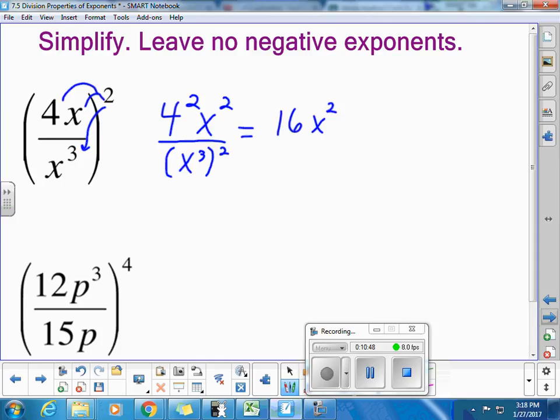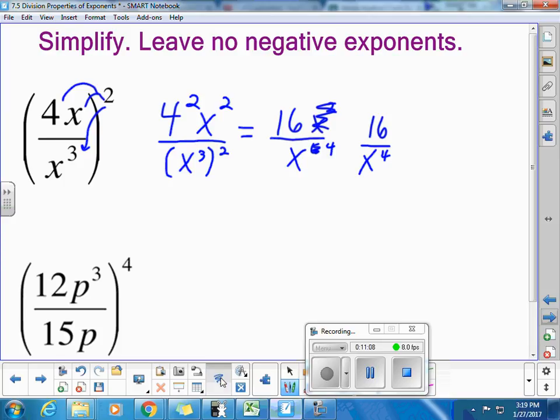I have x to the second over x to the third raised to the second, so that's multiplication, a power raised to a power, x to the sixth. Now I can simplify because I have 2 x's here and 6 in the bottom, so I'm going to get rid of the 6 and change it to a 4 because I canceled the 2 from the top. And you get 16 over x to the fourth, and I am going to show you another way to do it. So that's one way.